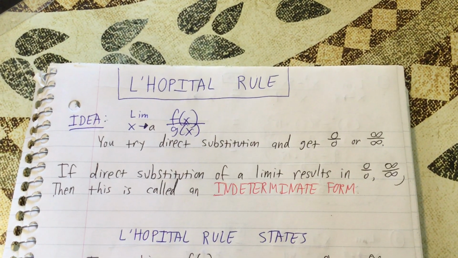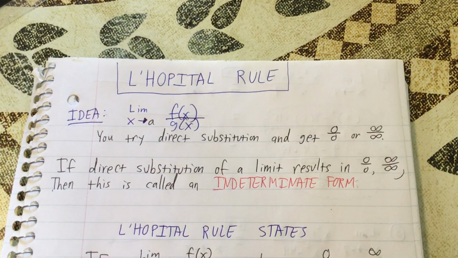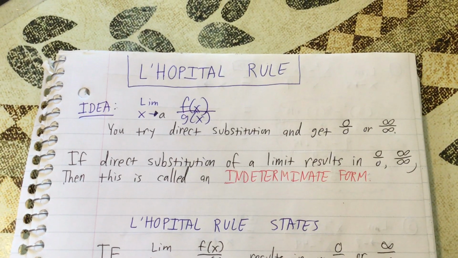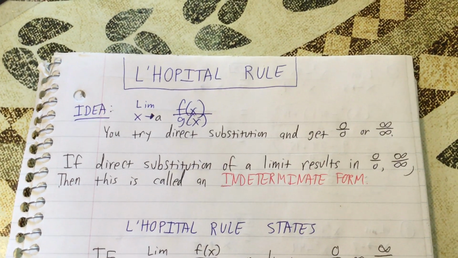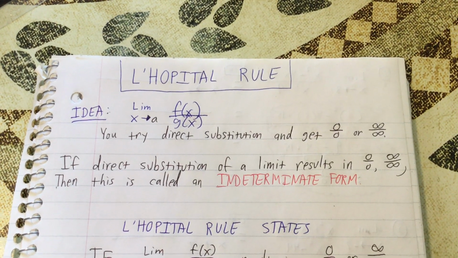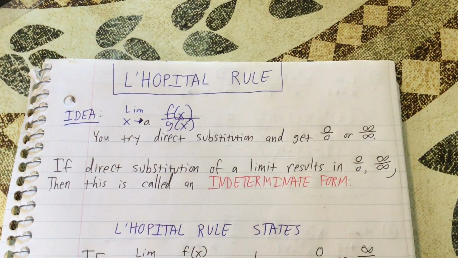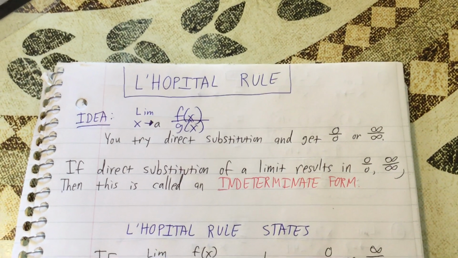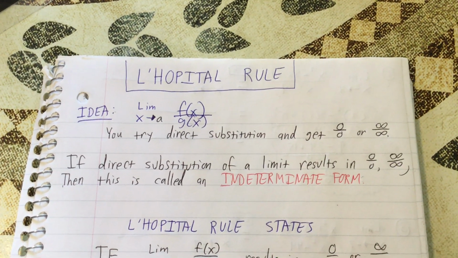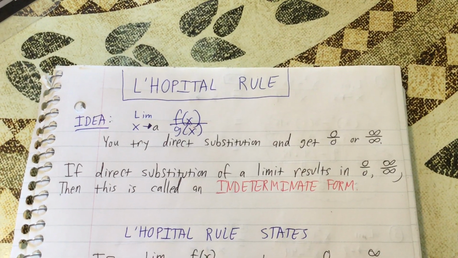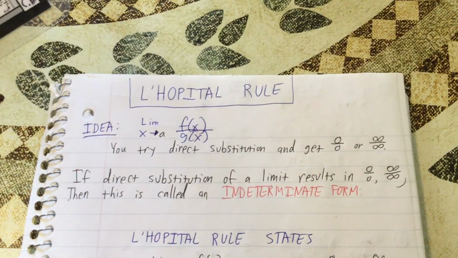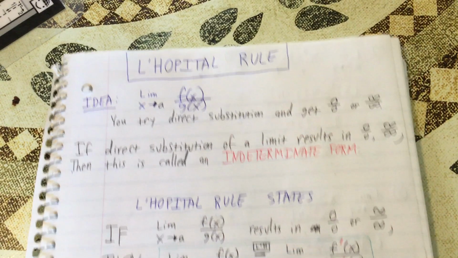We will deal with infinity over infinity later. But for now, you plug in the value of x and you get 0 over 0. If direct substitution of a limit results in 0 over 0 or infinity over infinity, this is called an indeterminate form. 0 over 0 indicates a hole in the graph. Infinity over infinity is something else, but for now, 0 over 0.